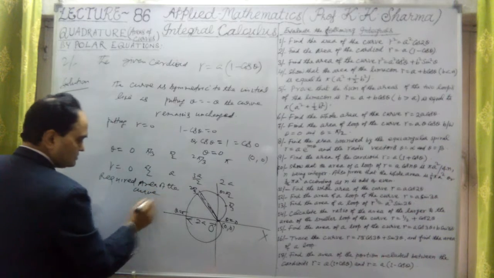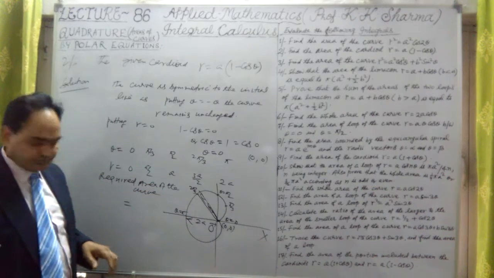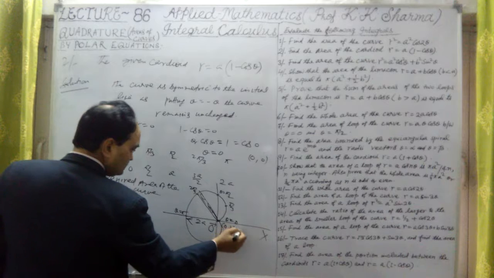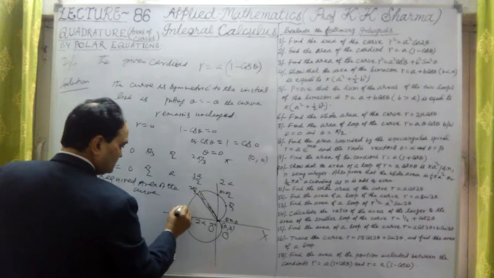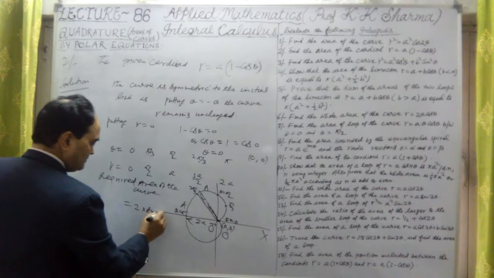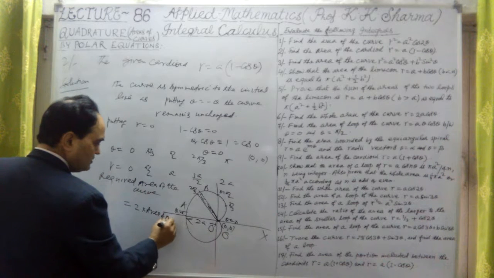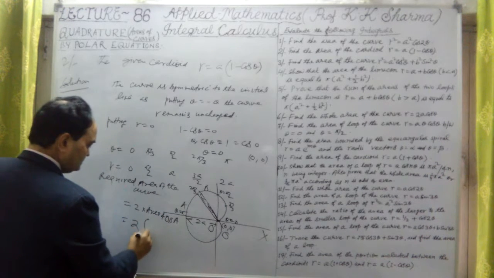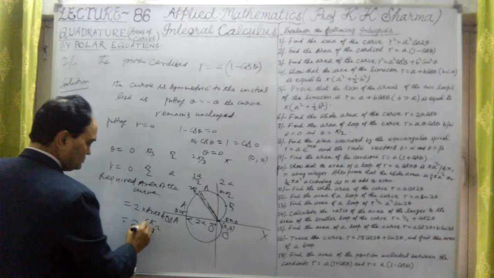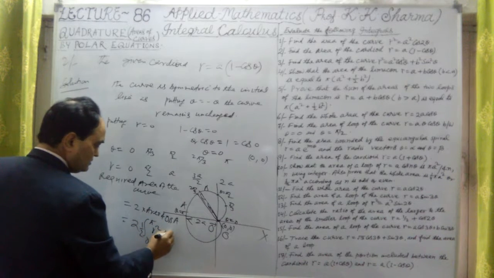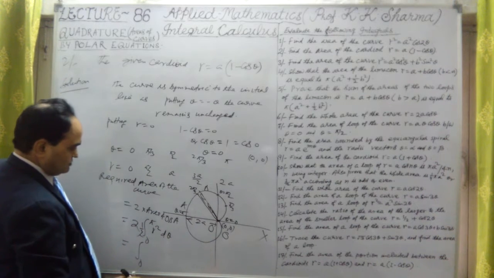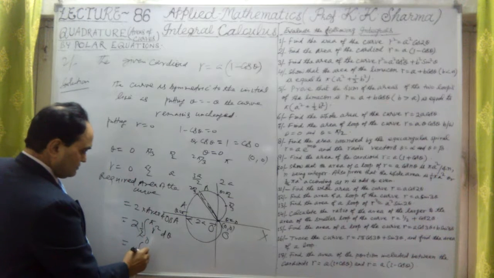The required area of the curve is equal to twice the area OBA, where this is point O, this is A, and this is B. That means twice the integral from 0 to pi of half r square d theta. We put this formula, the 2 cancels out, and we have the integral from 0 to pi of r square.